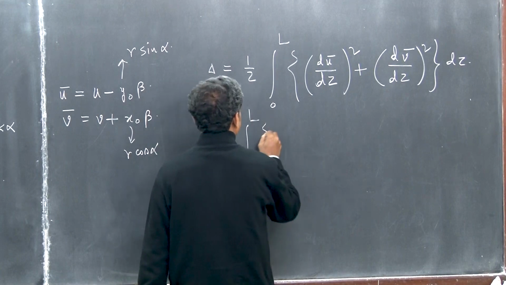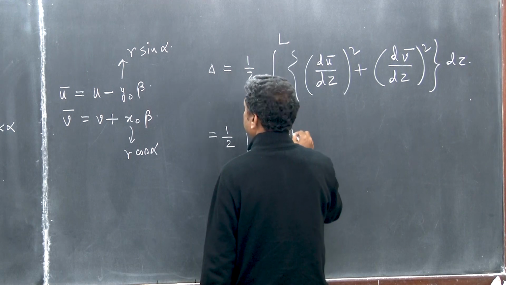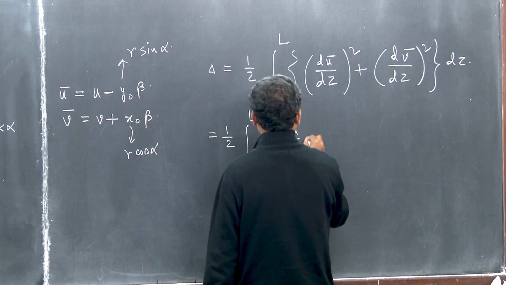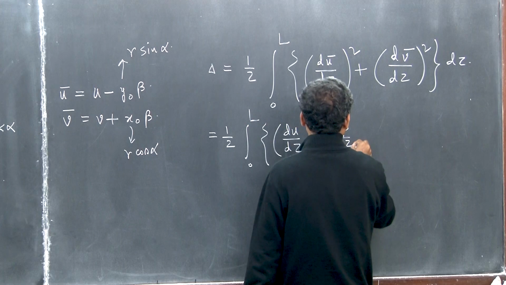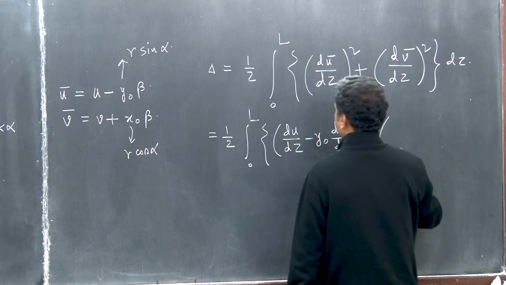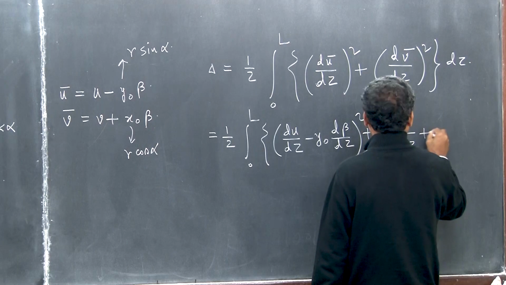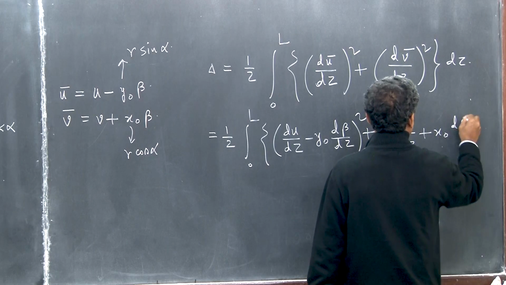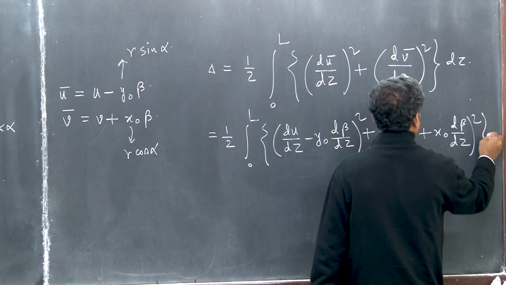So, integration 0 to L, where u bar means du by dz minus y0 d beta by dz whole square plus dv by dz plus x0 d beta by dz whole square dz.